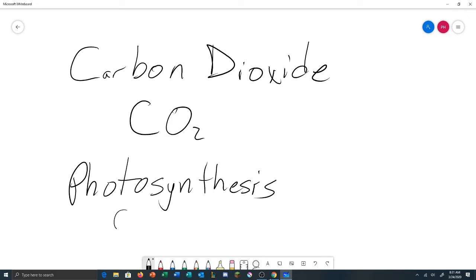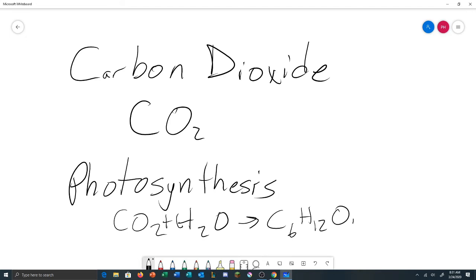Carbon dioxide and water, H2O, get turned into sugar and oxygen. So that carbon dioxide got turned into sugar. That's where your carbon goes, carbon to carbon. This carbon is part of photosynthesis.